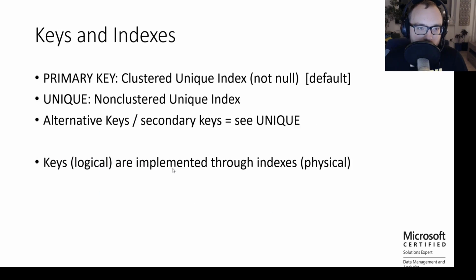And one last remark for keys and indexes: the primary key is a clustered unique index that is not nullable. This is the default setting. A unique index is a non-clustered unique index. You can also create non-clustered indexes that are non-unique. That's basically all. Keys are logical and implemented through indexes, which are the physical counterpart.